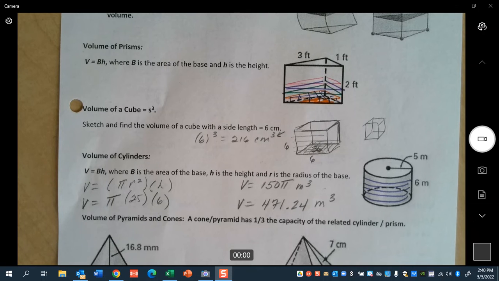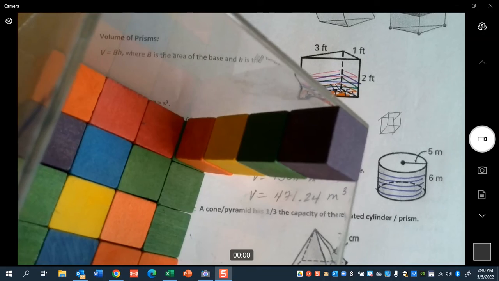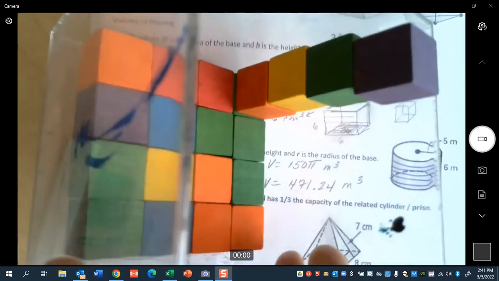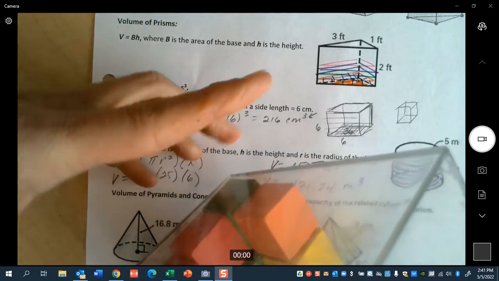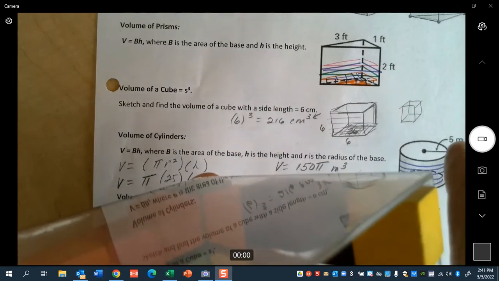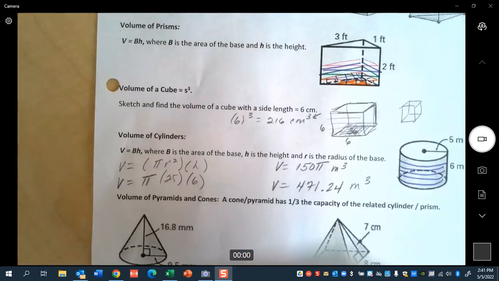So when I'm talking about volume, when I'm talking about capacity, if I want to know how many cubes I can fill up in this container, what's 16 times 5, 80? I don't need to have 80 cubes. All I need to know is that this area of the base, 16, could be repeated each of these times, 1, 2, 3, 4, 5 times. So that area of the base can be stacked up 5 times.